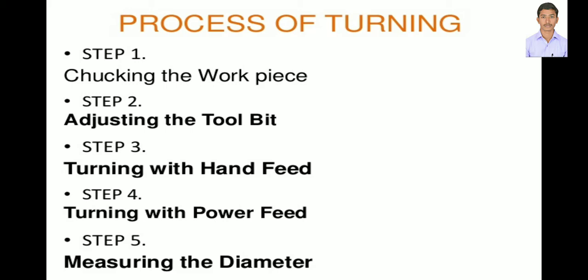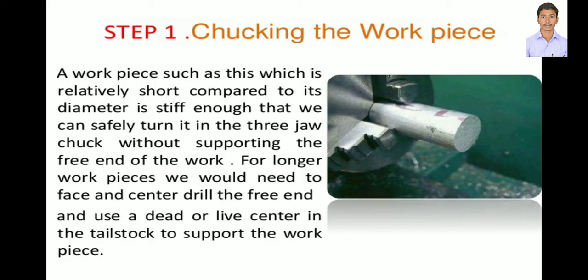That is turning with power feed. And measuring the diameter: how much diameter of shaft we started with, and finally how much diameter the turning operation gives us. That is measuring the diameter by using different micrometers and vernier calipers. These are the different diameter measuring equipment.